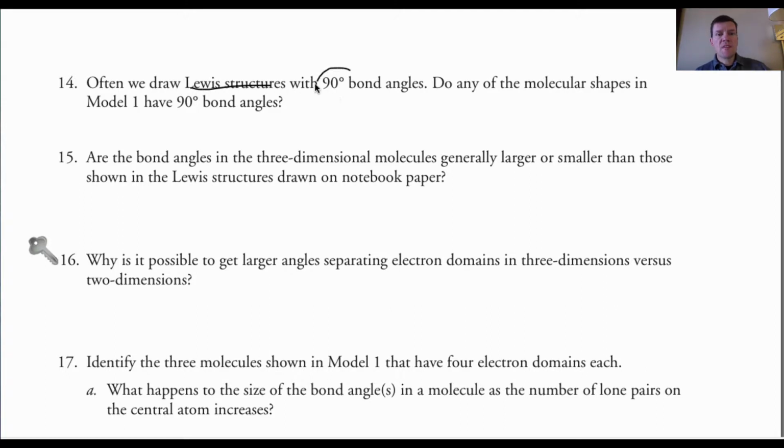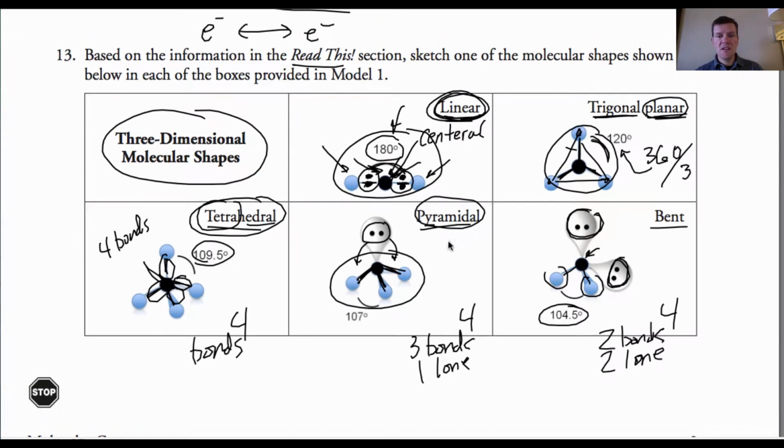Often we draw Lewis structures with 90-degree bond angles. Do any of the molecular shapes in Model 1 have 90-degree bond angles? Yes, there are some that do, and they're not here, but there are some that have 90-degree angles involved in them. Their point here is that our diagrams, while drawn on a flat piece of paper, we may make 90-degree angles, but in real life, when they're three-dimensional and they spread out around that central atom, they're not necessarily going to be clear, distinct right angles.